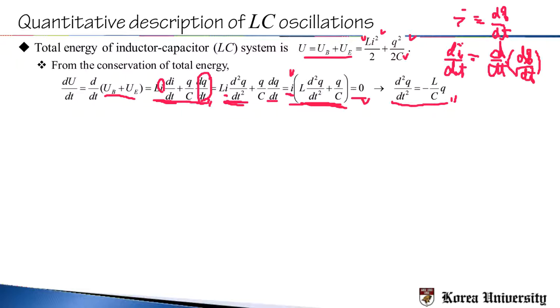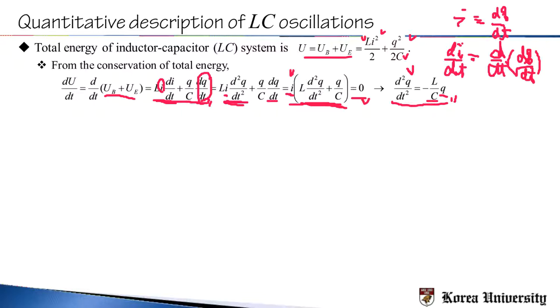This is the differential equation representing how charge changes as a function of time. Take a look at this. You take the second derivative of the charge, and you get minus some constant multiplied by the charge. So which function becomes minus of itself when you differentiate twice?